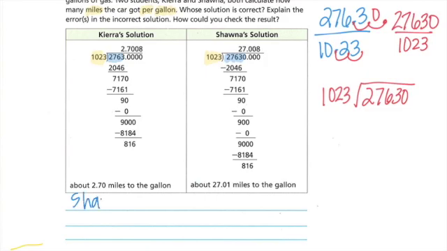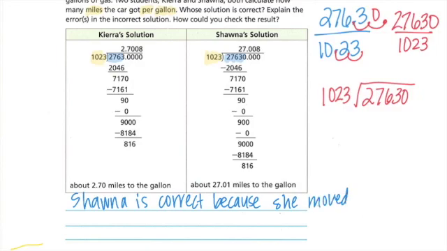Shauna is correct because she moved the decimal twice on both numbers.